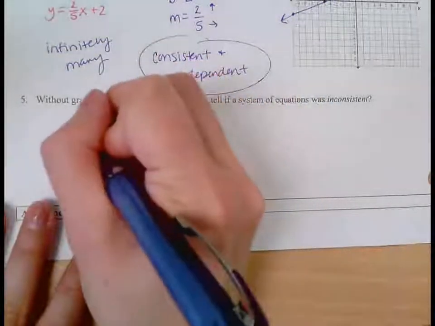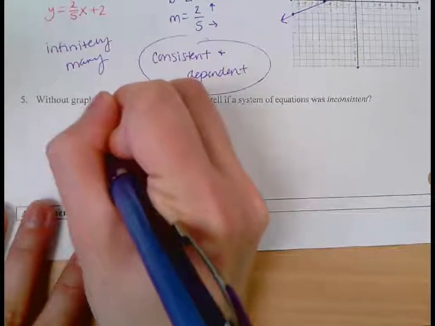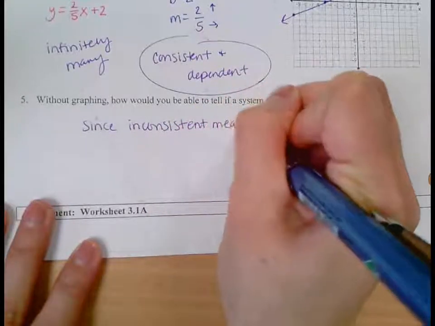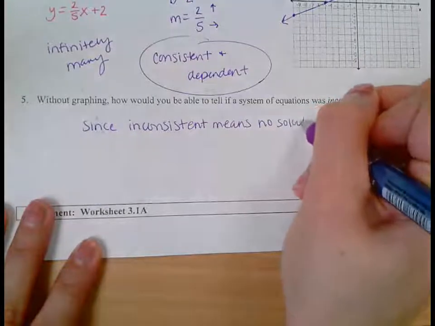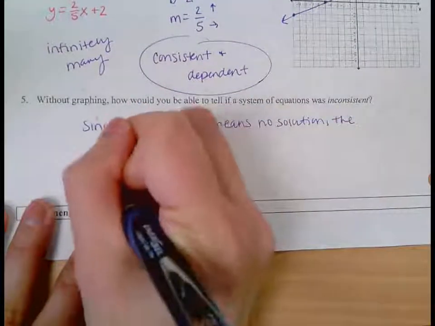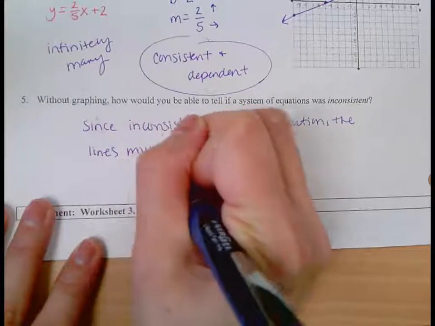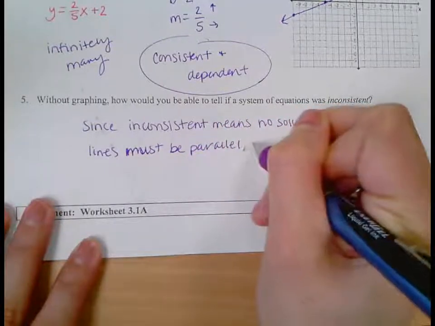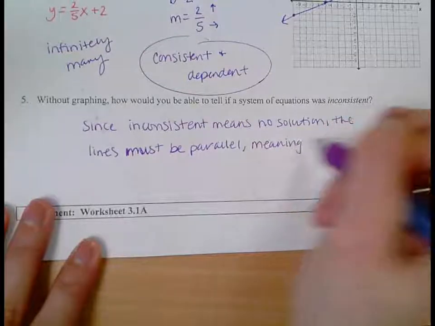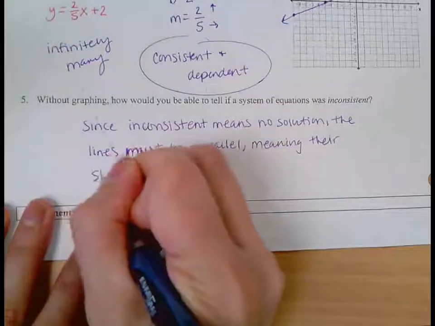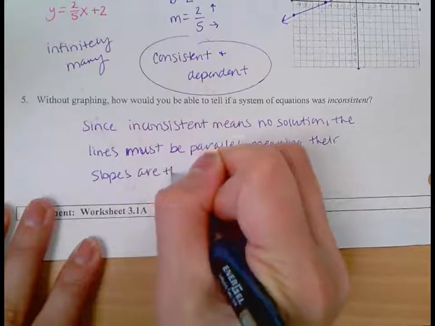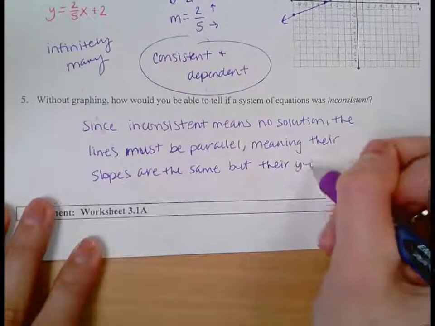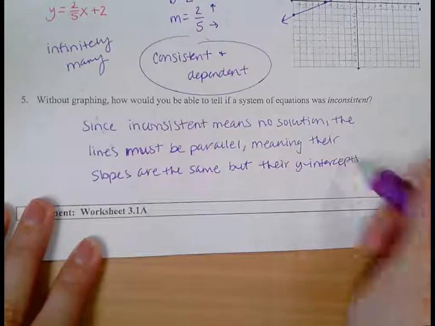So I'm going to say, since inconsistent means no solution, the lines must be parallel, meaning their slopes are the same, but their y-intercepts are different.